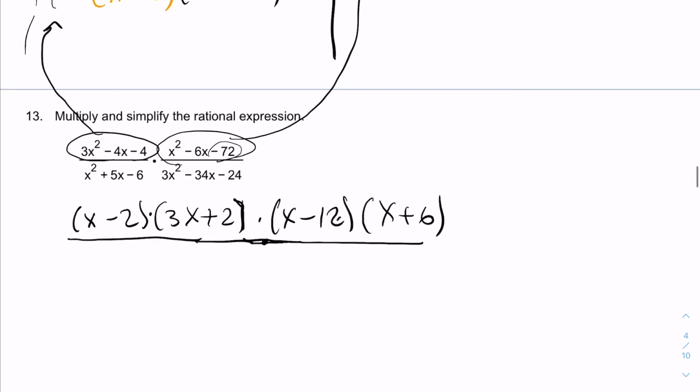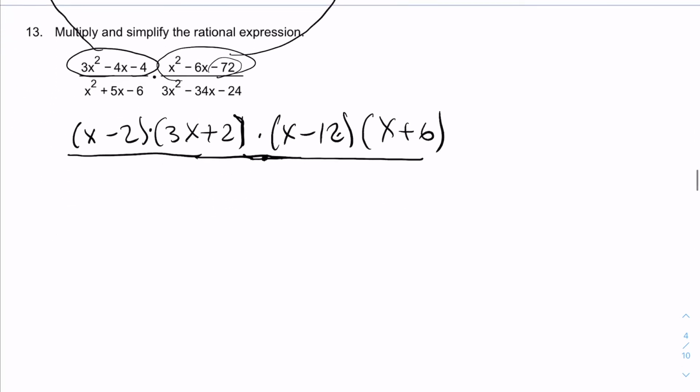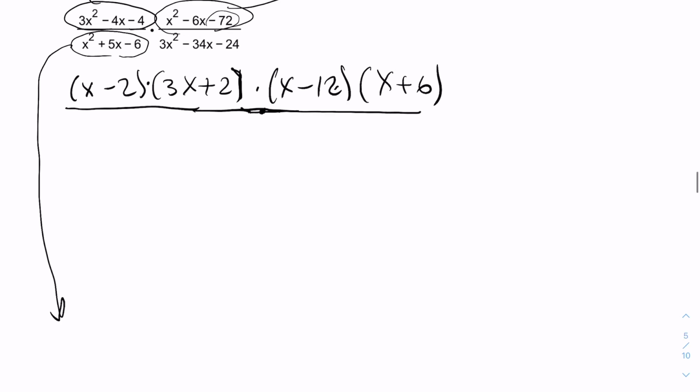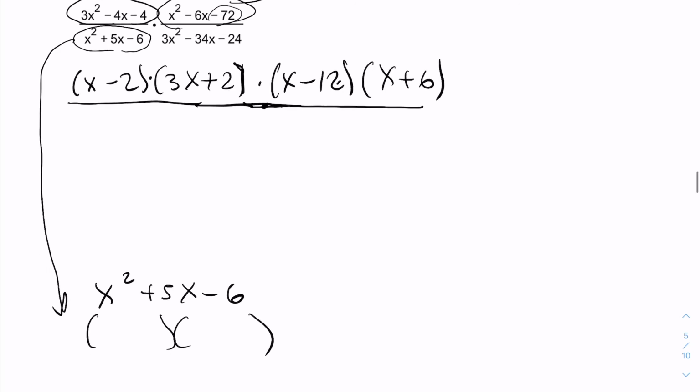Let's do the denominator. Maybe I go down a little bit further than that because I'm going to have to put an answer. Okay, so what's going on here is x squared plus 5x minus 6. So the question is, let's see if we can do this in our head.